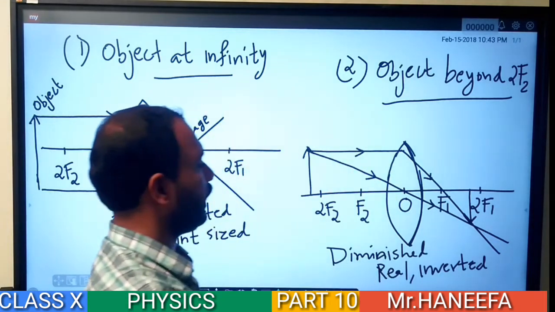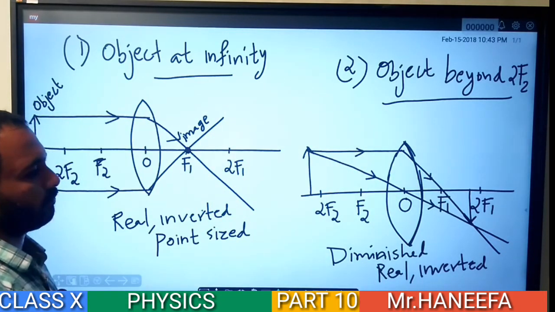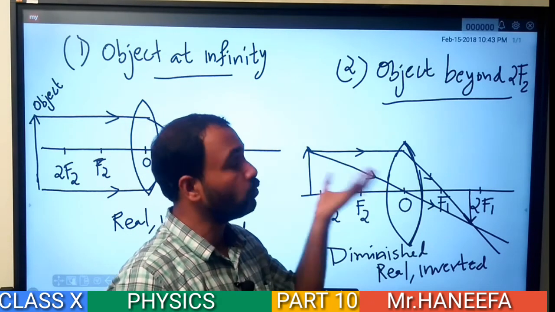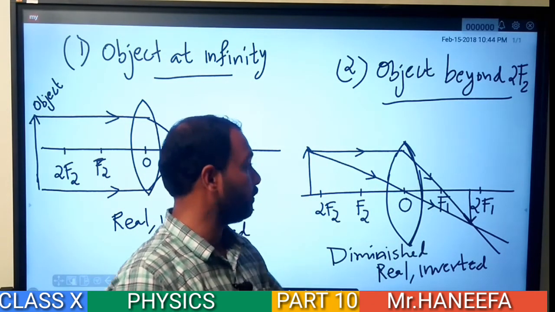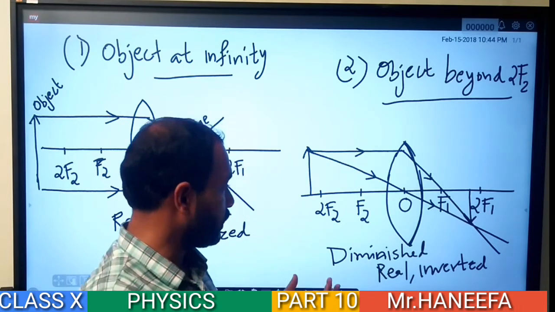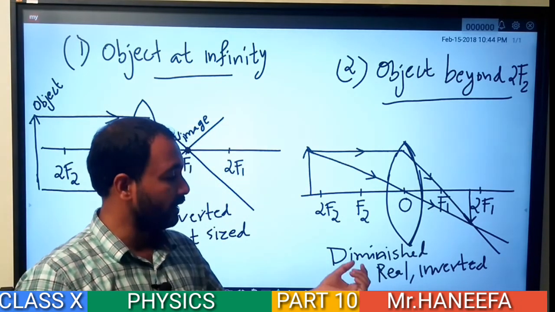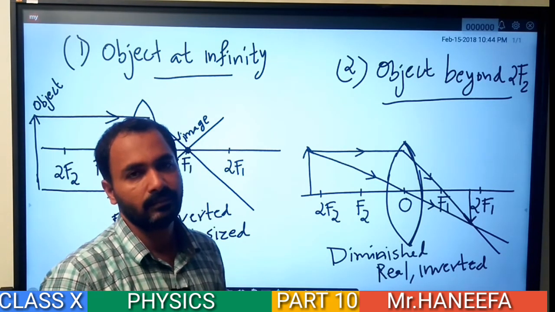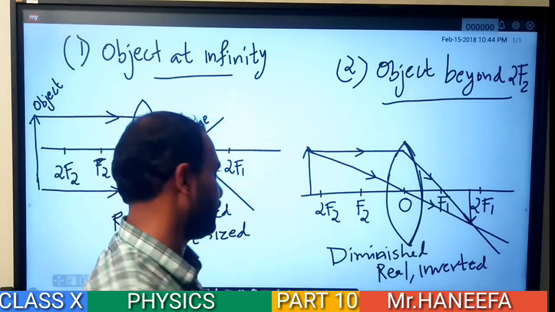So when object is placed beyond 2F, image is formed between F and 2F1. The image is diminished. Its nature is real and inverted. This is the second case.